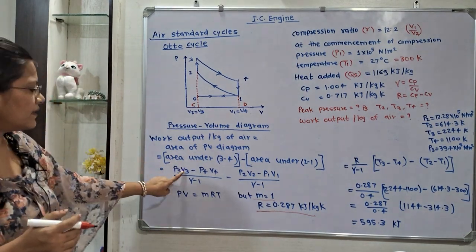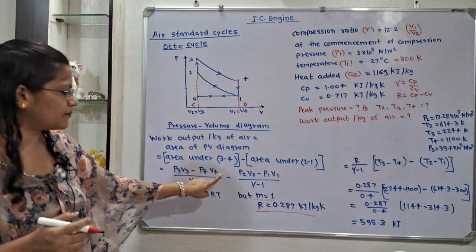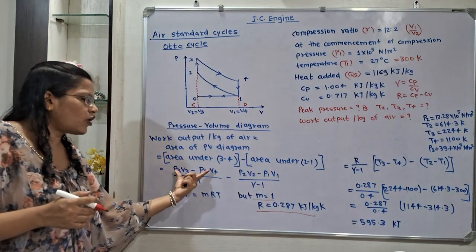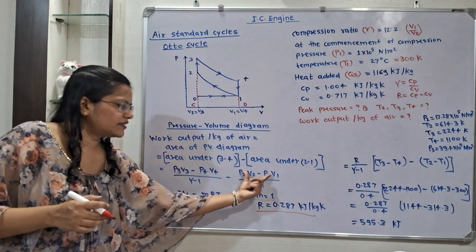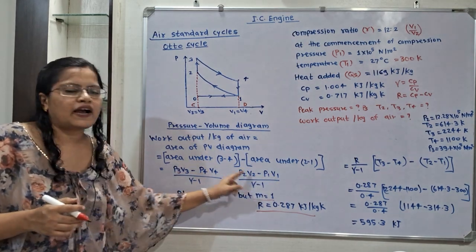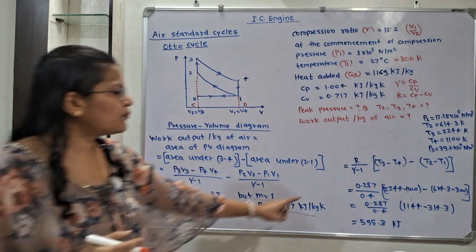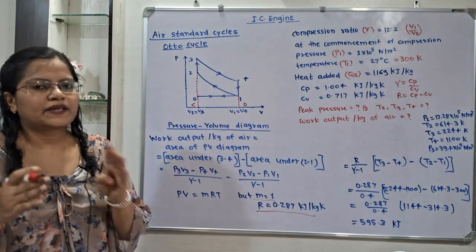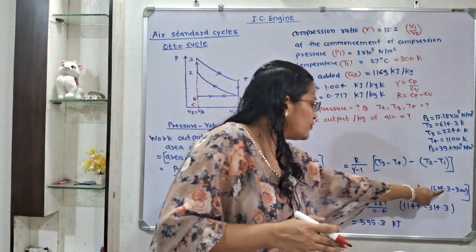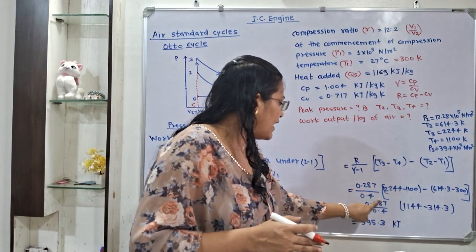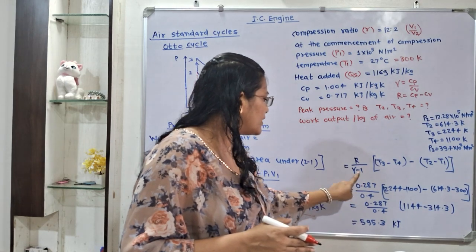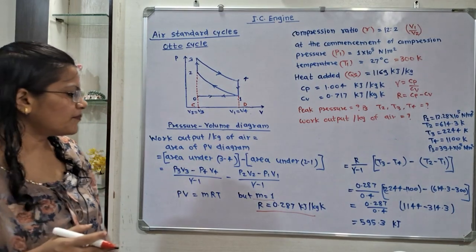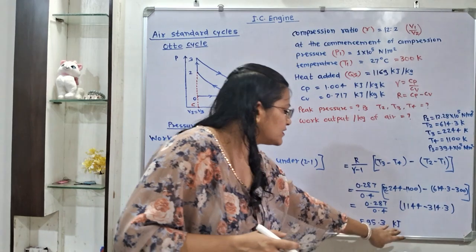So inside the bracket T3 minus T4, bracket complete, minus the second bracket T2 minus T1. We have to solve this term first and then this term, and only then subtract these terms. When we put the values, remember always take the temperature in Kelvin. We take the R value as 0.287 divided by 0.4, and then we will get the final answer 595.3 kilojoule.